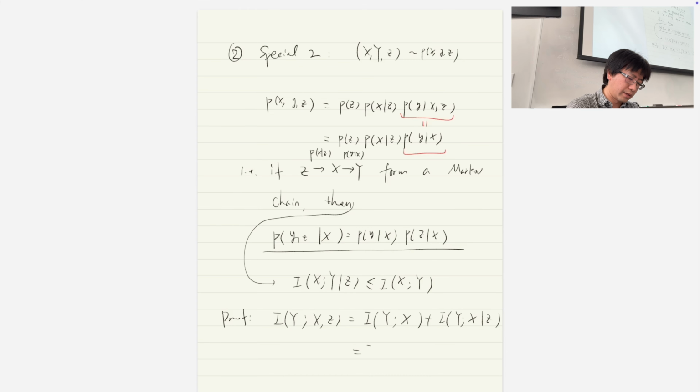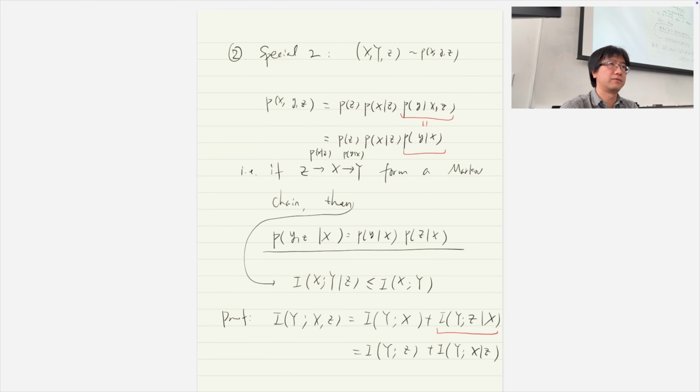Then we write that in another way, y and z, add y and... wait, here I wrote something wrong, right? Here should be y and z given x. Here is y and x given z. Okay, so we write that in two ways, and then we can observe that.